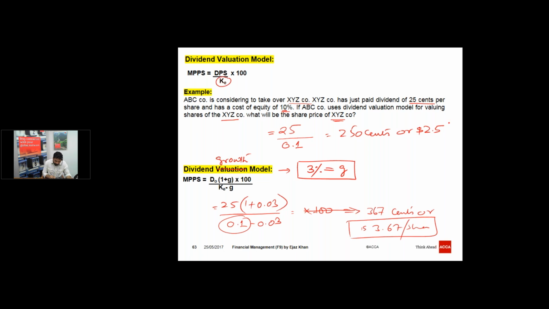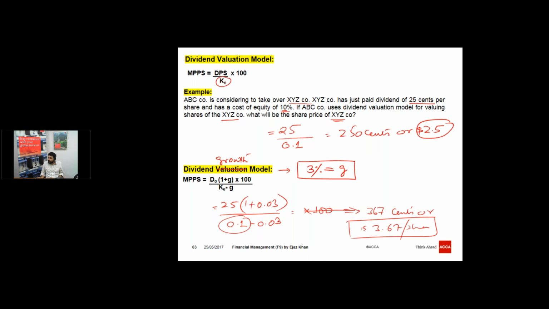Now look at the difference. Where the shareholders were not expecting any growth, they were ready to buy this share for $2.5. The moment they start expecting a growth of 3%, they were ready to buy it at a higher price. So this is the impact of growth. If you see different values of price using different models, the examiner might ask you to justify the difference.